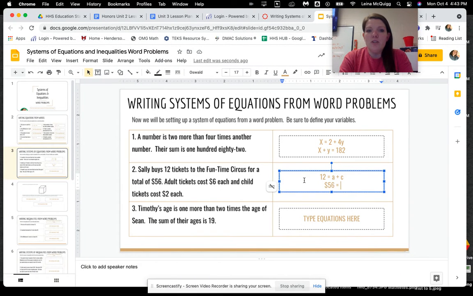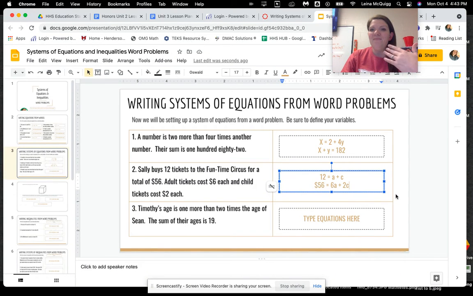Each adult ticket is $6, so I take 6 and multiply it by A, the number of adult tickets we purchased. Then I'm going to add that amount because my total amount for both types of tickets is $56. So I add the amount I spent for adult tickets to the amount I spent for child tickets. Each child ticket costs $2, and I multiply that by C so I can figure out how much exactly I spent on just children's tickets.